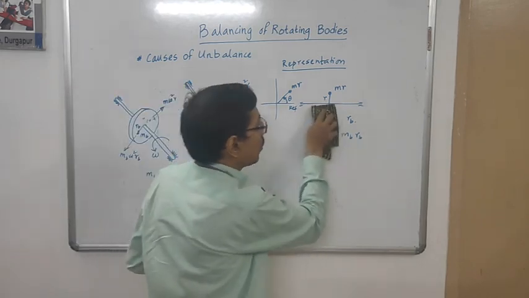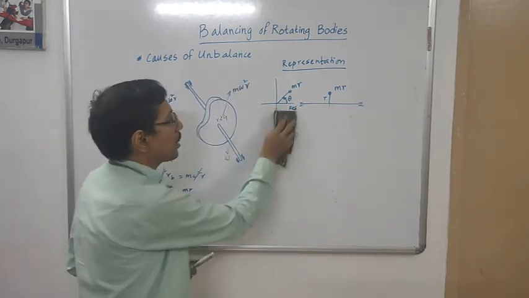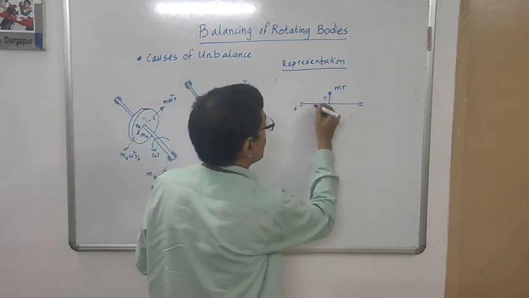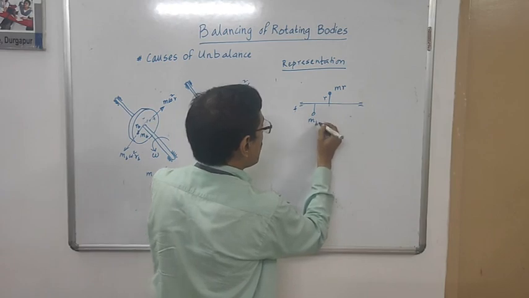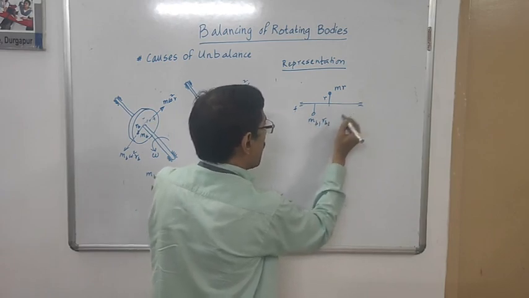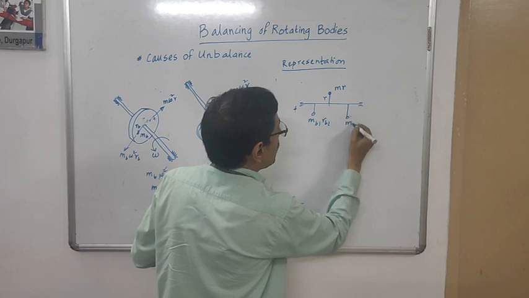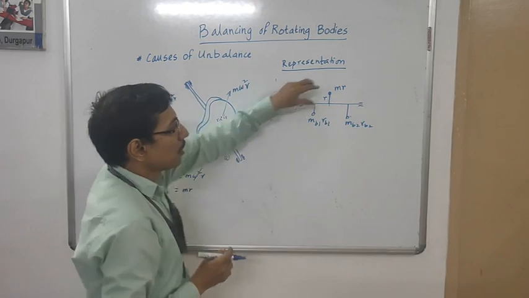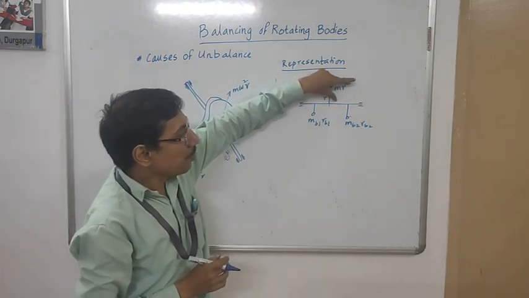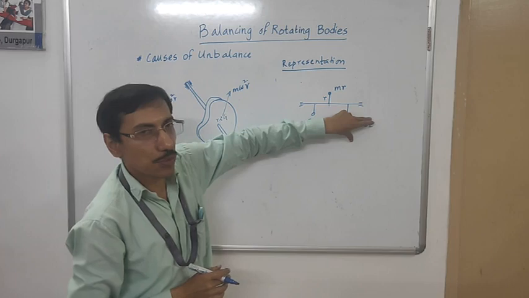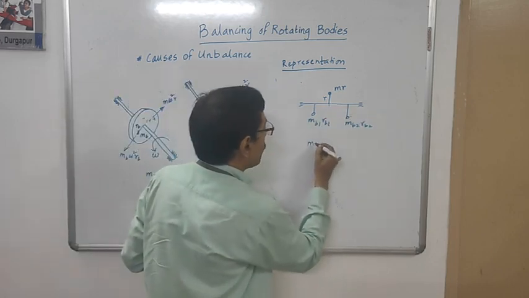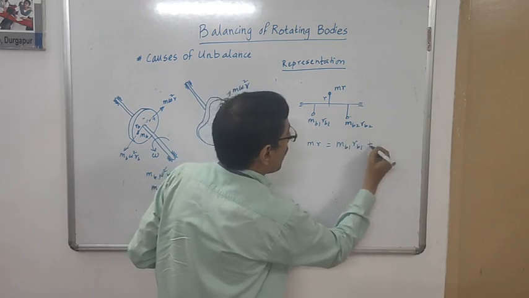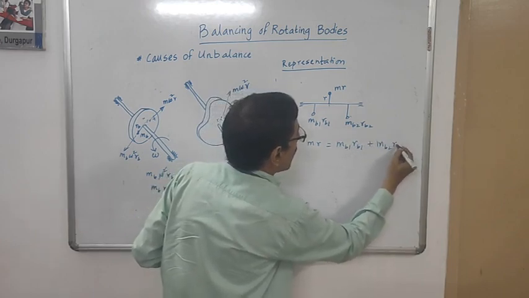Instead of taking one mass here, we propose to put two different balance masses. Say one balance mass here, MB1, RB1, and another balance mass here, MB2, RB2. And in that case, of course, this unbalanced force must be equal to the sum total of these two balanced forces. So one equation could be MR equal to MB1 RB1 plus MB2 RB2.